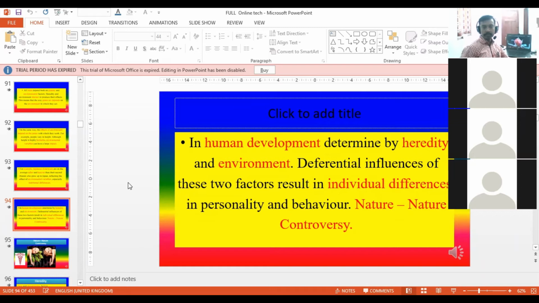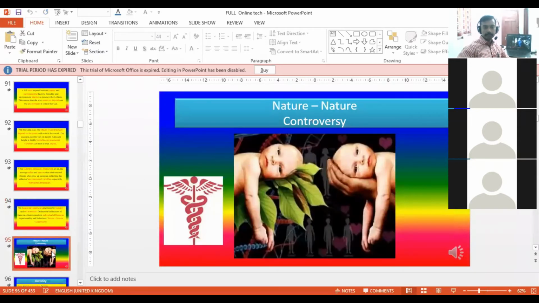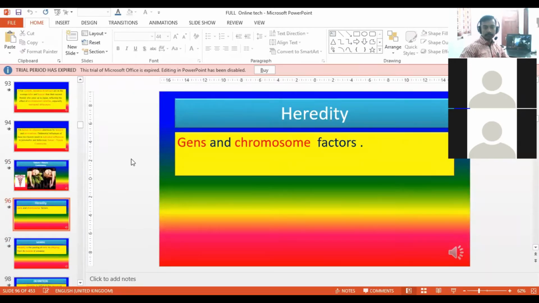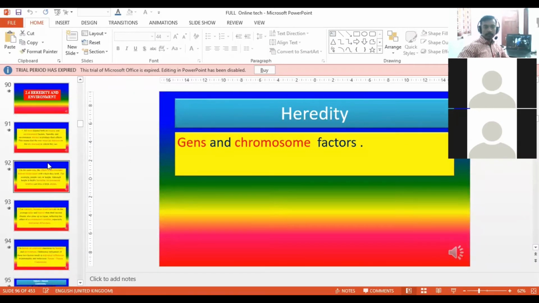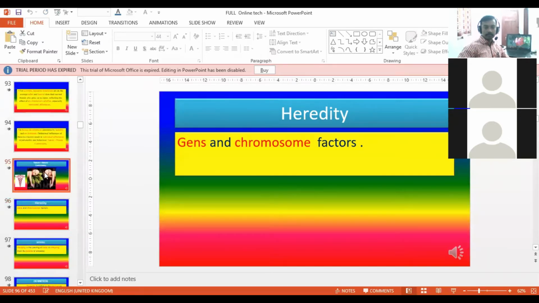Individual differences, personality and behavior, and the nature and nurture controversy. So this is only an overview regarding this; the explanation is going on.